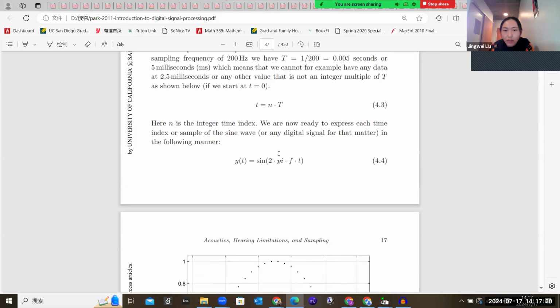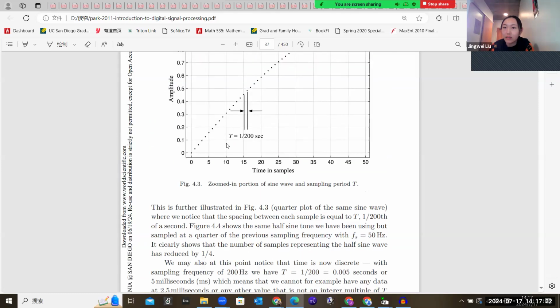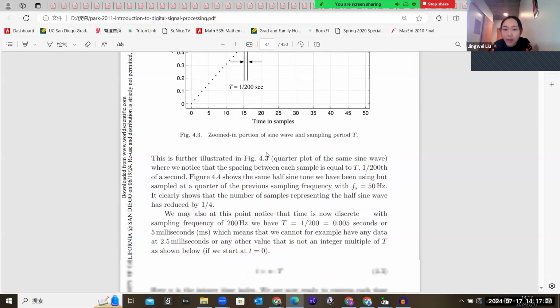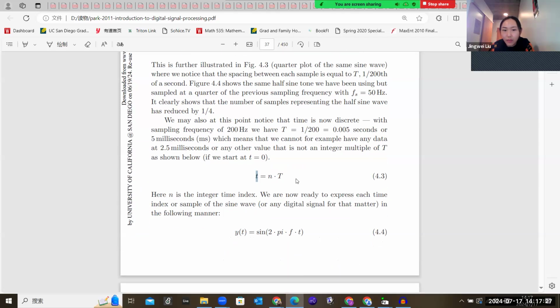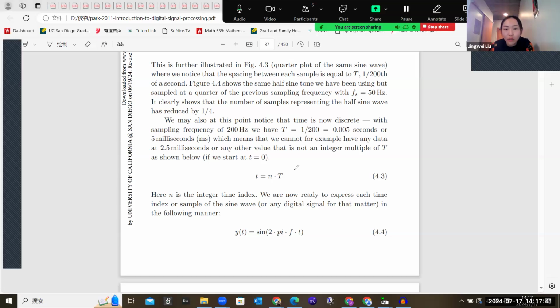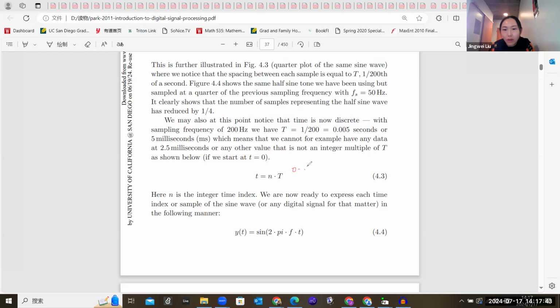And now you can see your time is discretized, right? So when you talk about time, you can only talk about time that is an integer multiple of the interval. For example, say your t is 0.1 second, then all the times you can have are integer multiples of this number.